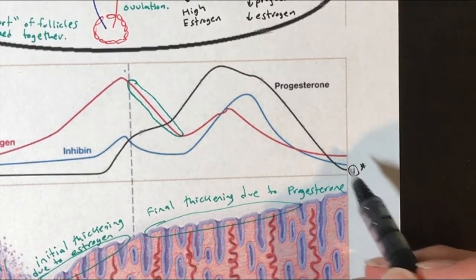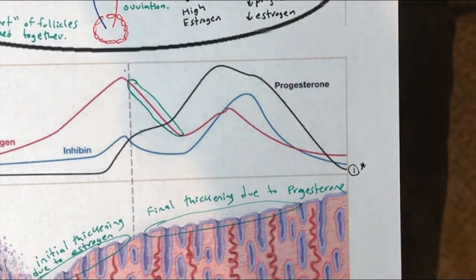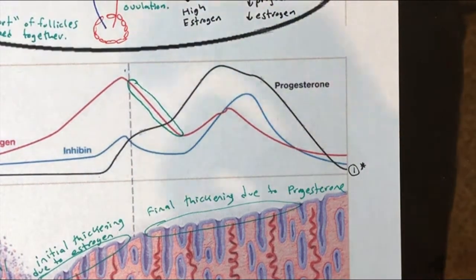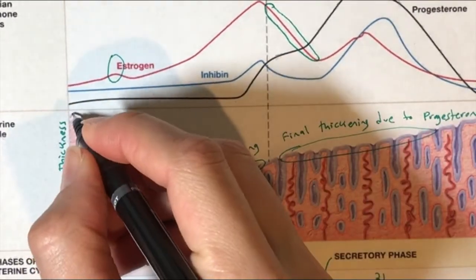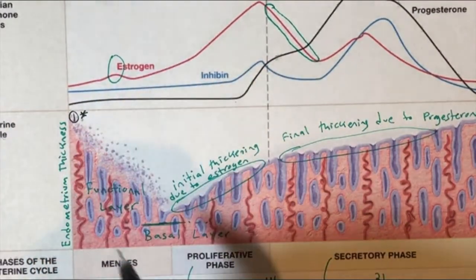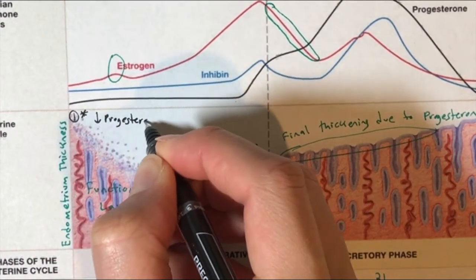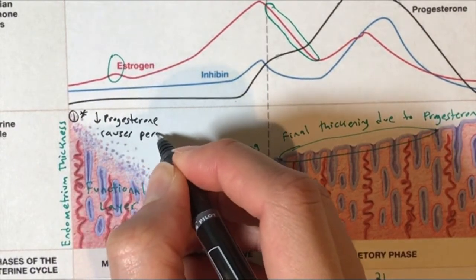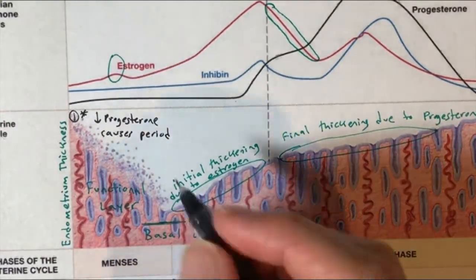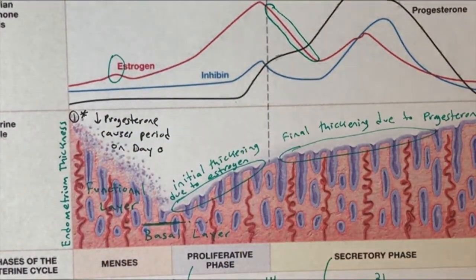And the really low amount of progesterone is what causes the period to occur on what we define as day 0. So you could also say step 1 is here, and that the low progesterone causes the period or menses on day 0.